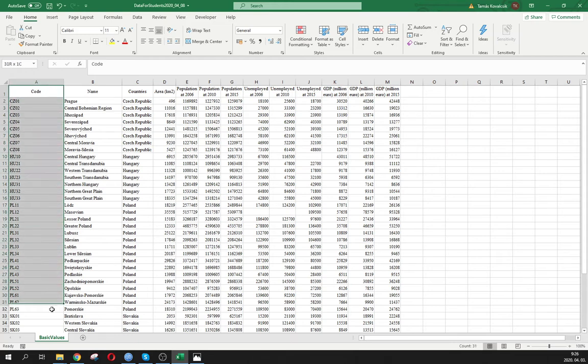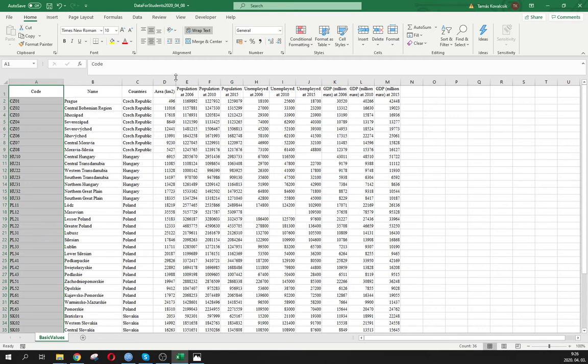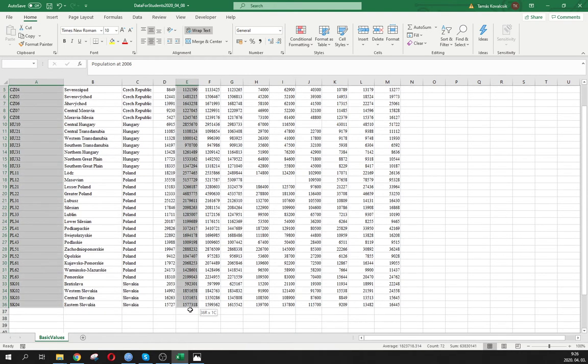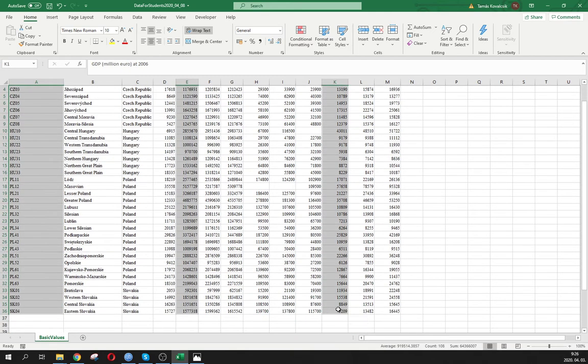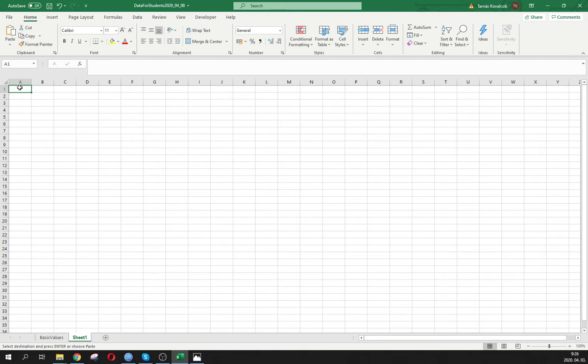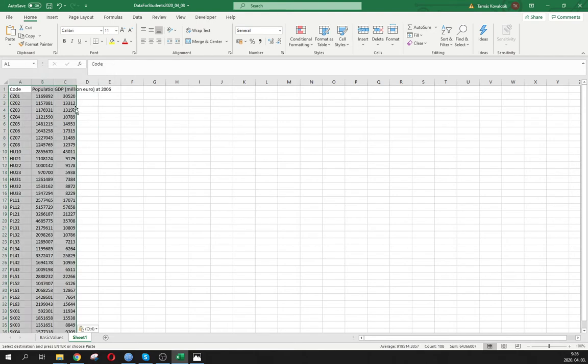First we have to copy the code, the population, and the GDP as well to another sheet in Excel. Paste by values.